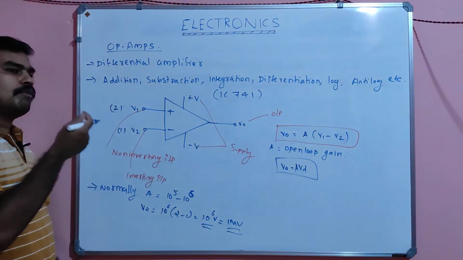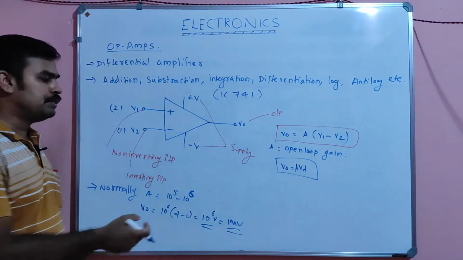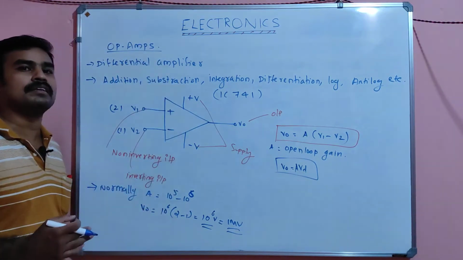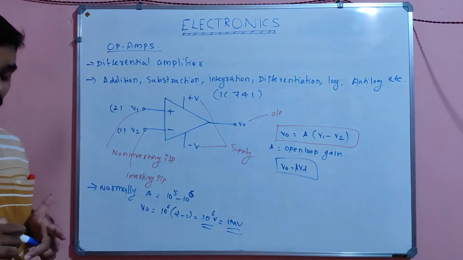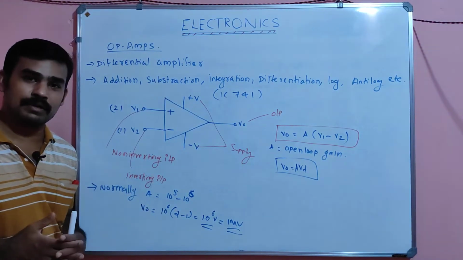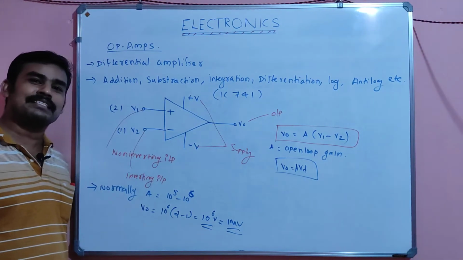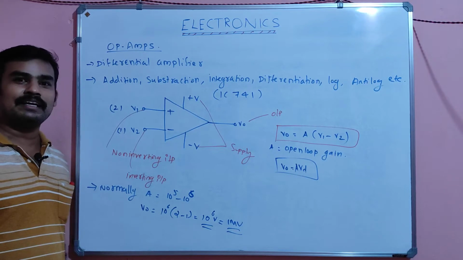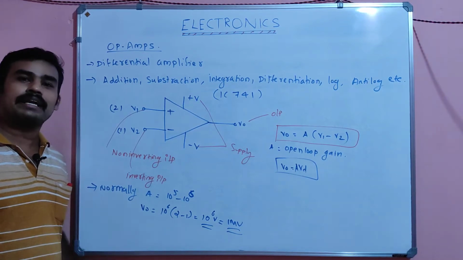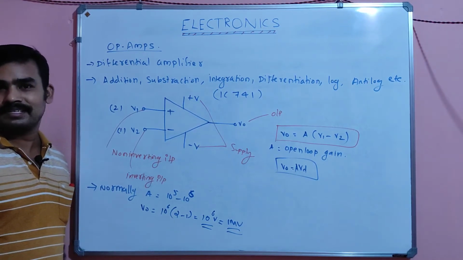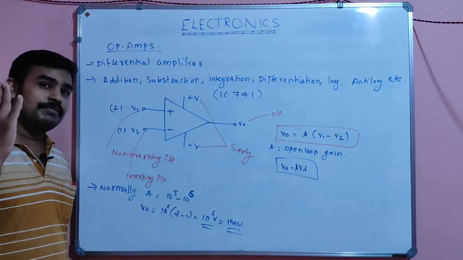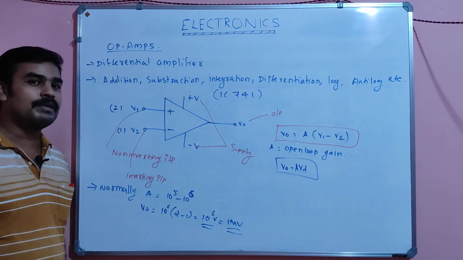If you give 1 volt as input and it produces 1 megavolt at output, is it practically possible? No, it is not, because we give just 1 volt and it produces 1 megavolt. That is a very unstable system and it will not exist. Imagine how many volts 1 megavolt is.